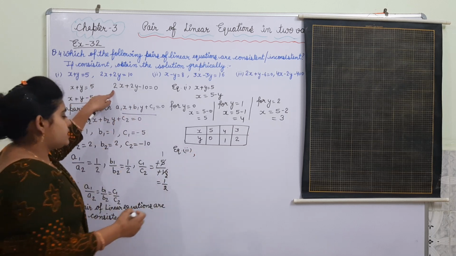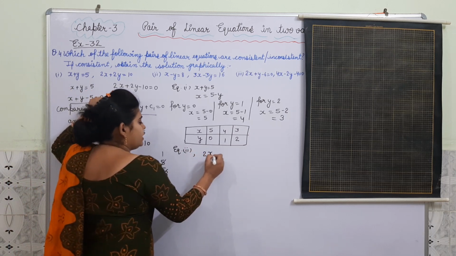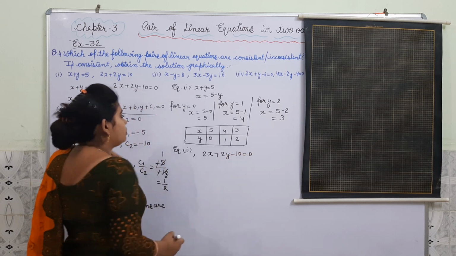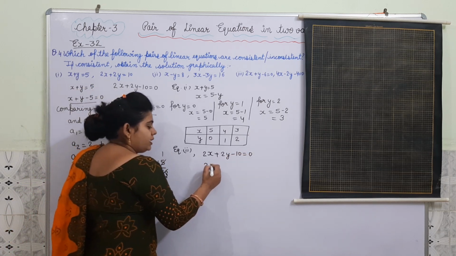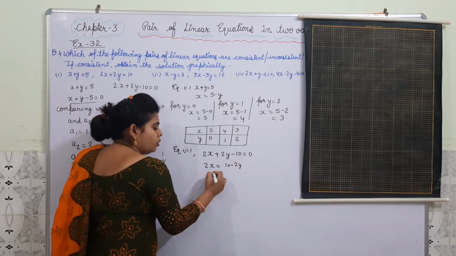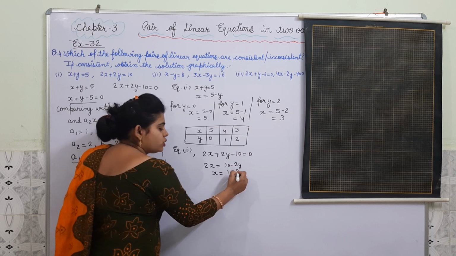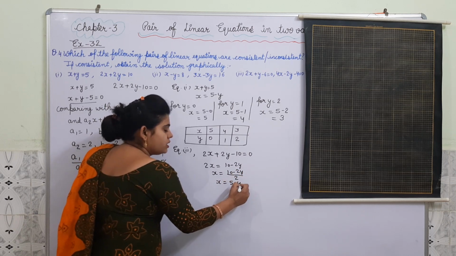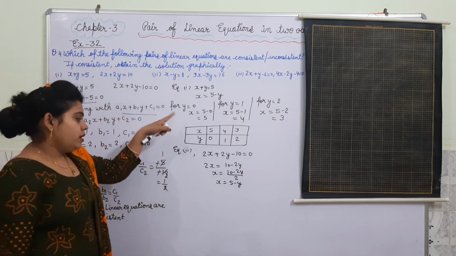What is the second equation? 2x plus 2y minus 10 is equal to 0. 2x will be equal to 10 minus 2y, or x will be equal to 10 minus 2y divided by 2. From here what will we get? 5 minus y. Same.